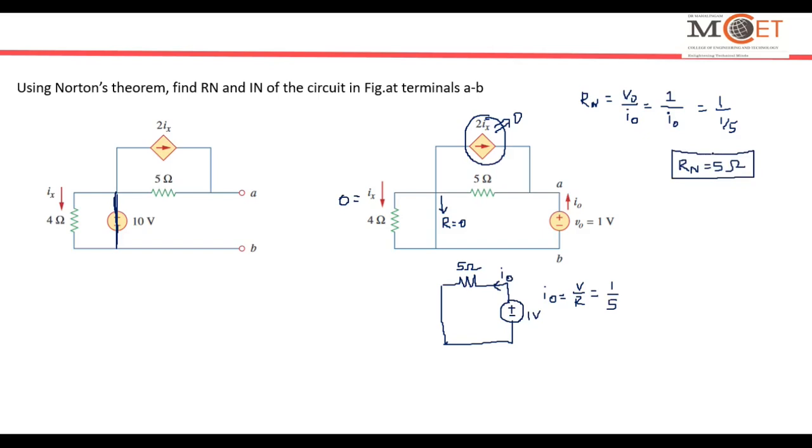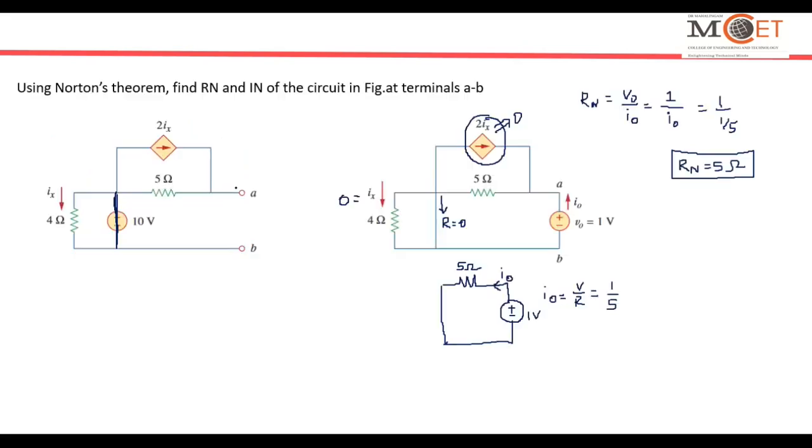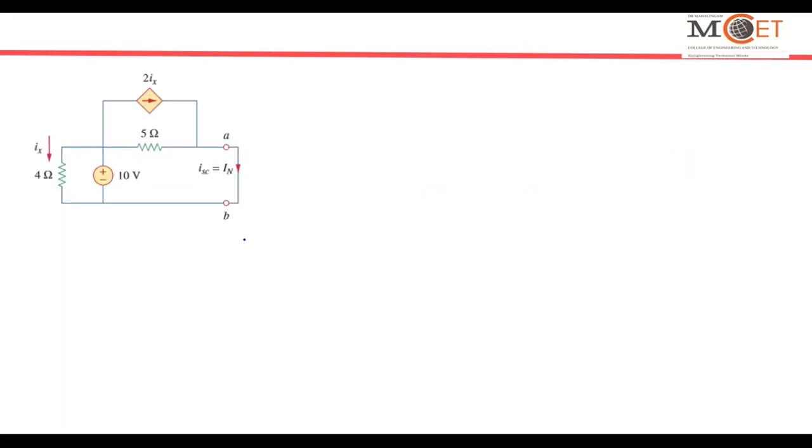So the first step is completed. For the second step, we just short circuit this AB terminal and try to find out what is the current flowing here. To do this, we can apply a simple principle.